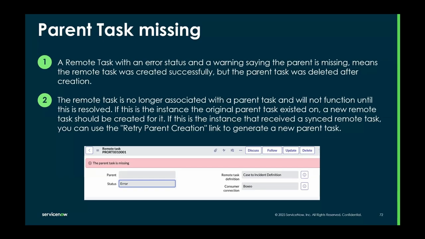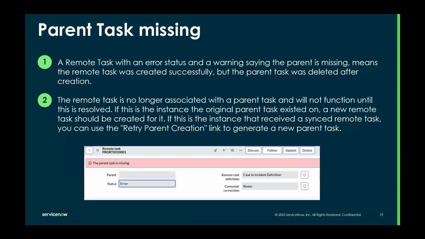And so, if that is the case, what should happen is, if there is a parent task that did exist and still should be there, create a new remote task off of it, which will then kick off the process. This orphaned remote task could be deleted.